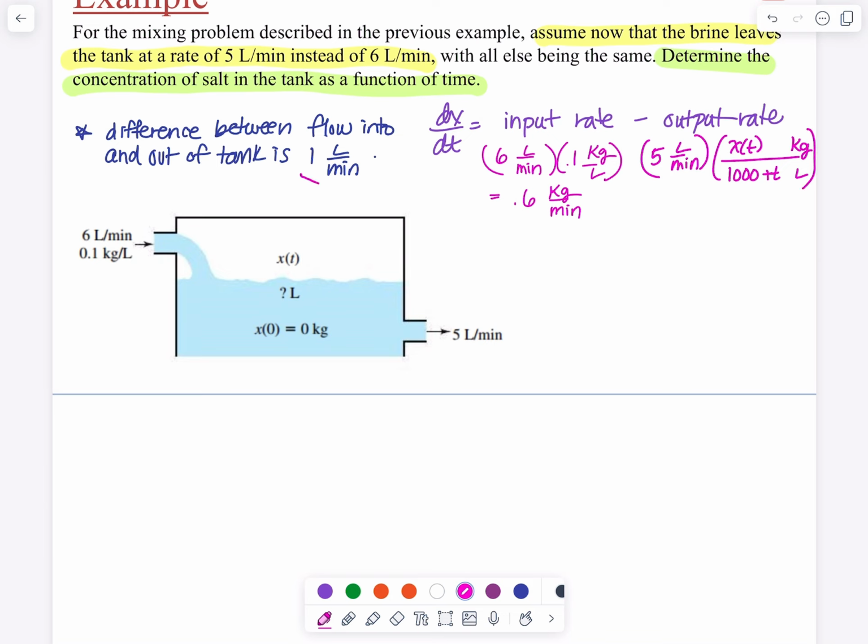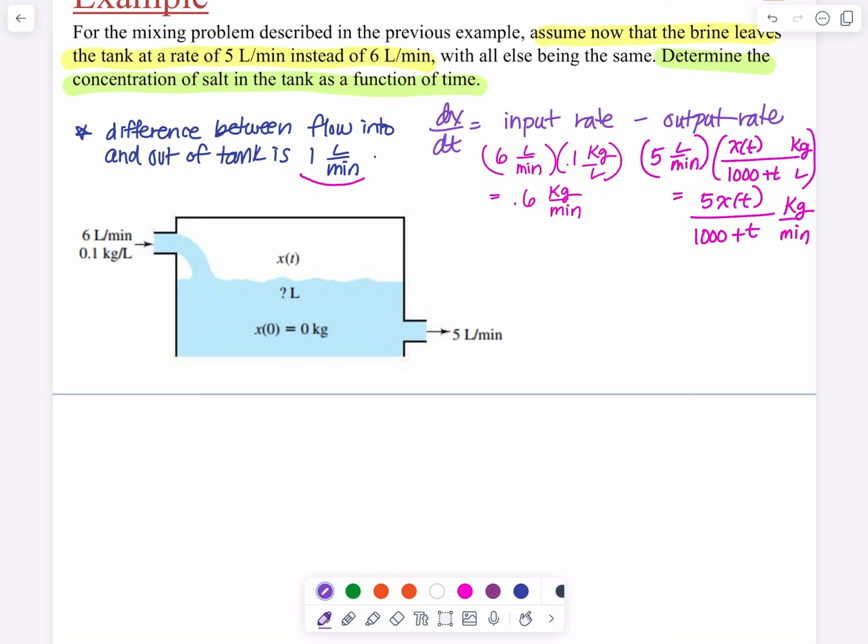Since this is 1 liter every minute, that's just going to be equal to t. And that gives us 5x(t) divided by 1,000 plus t, and those are kilograms per minute again.